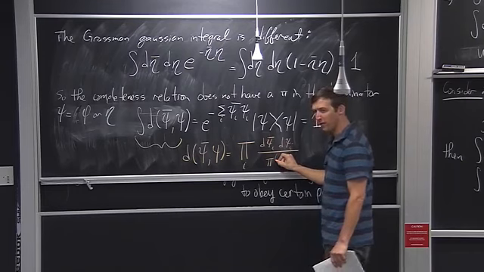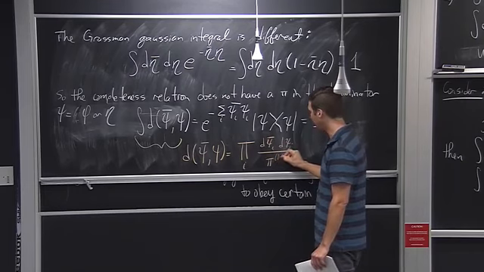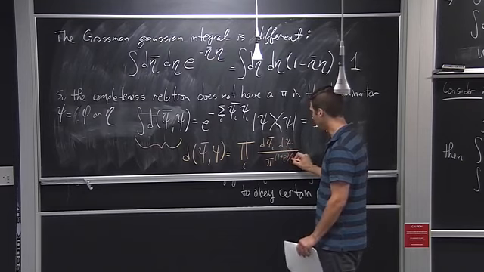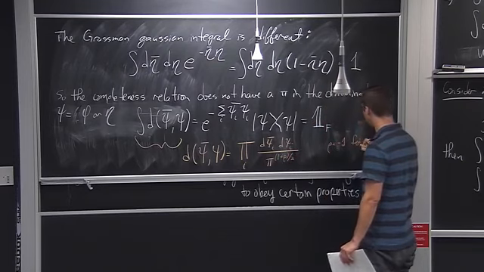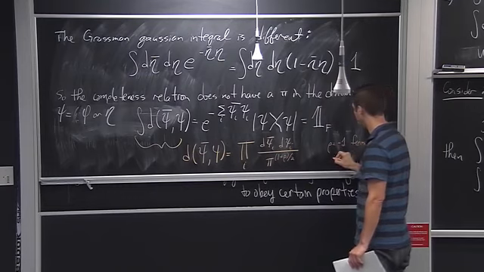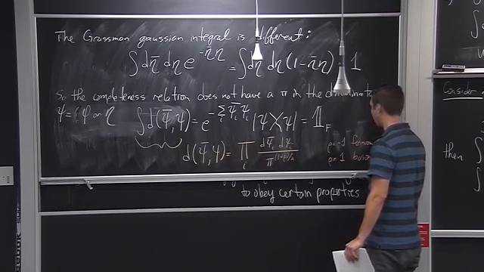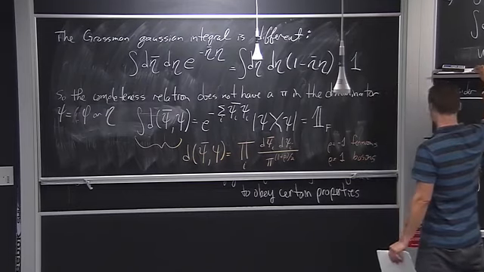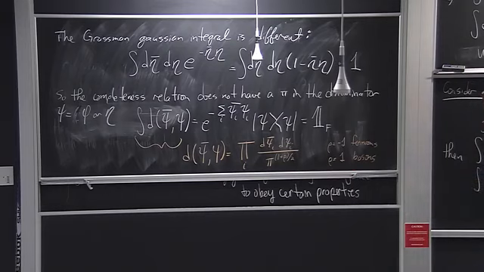So I want to use rho here, which is -1 for fermions, right? So it's 1 plus rho over 2. Okay, so that pi has to die for fermions.